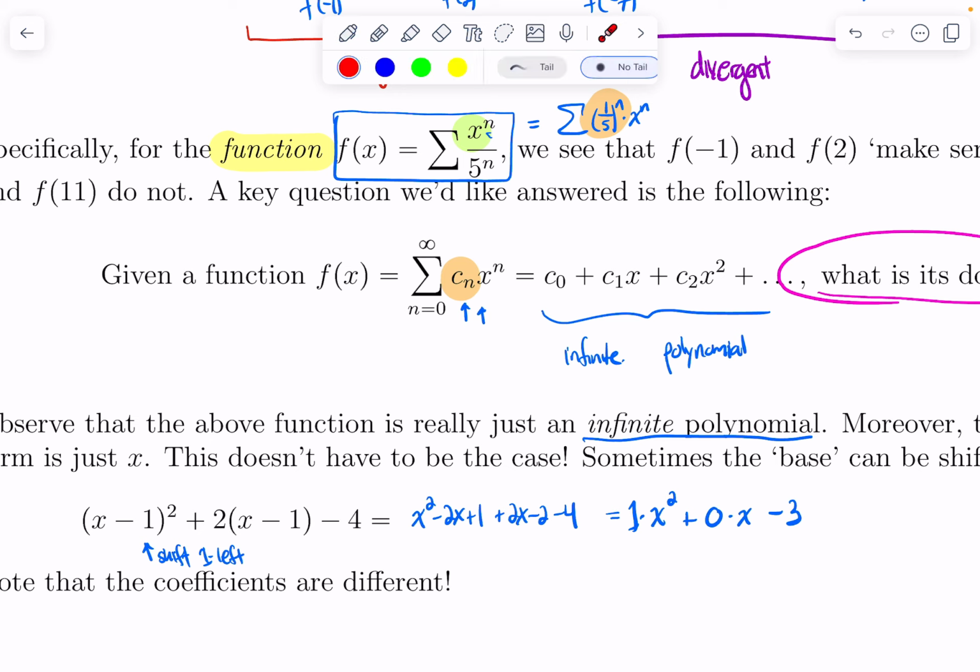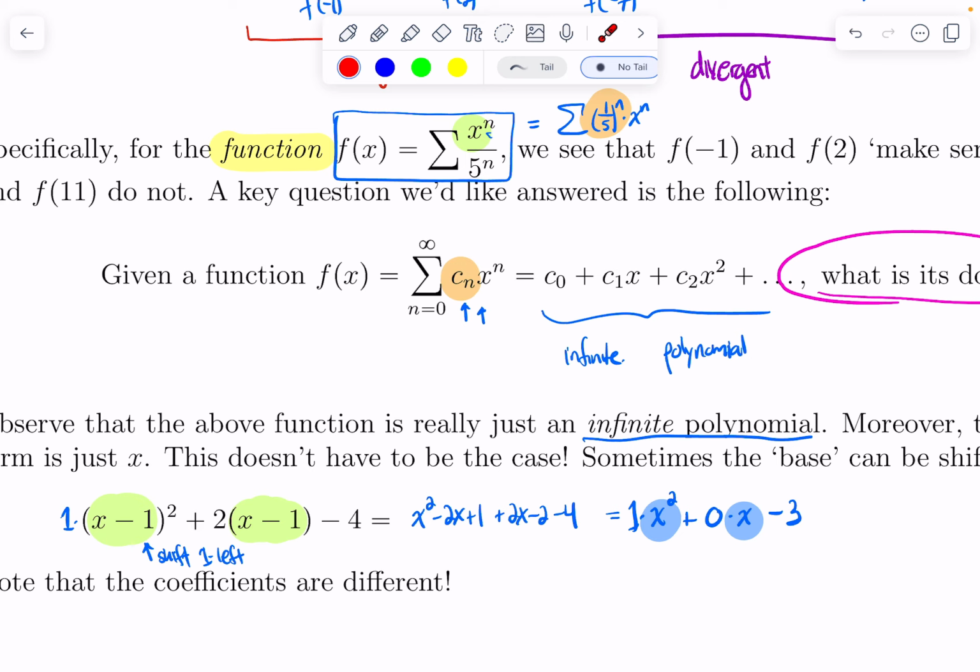So what I see is that when I change my polynomial to go from, in this case, base x minus 1 to, in this other case over here, base x, notice that the coefficients change. Over here on the left, I was working with coefficients 1, 2, and -4, and on the right, I work with 1, 0, and -3.